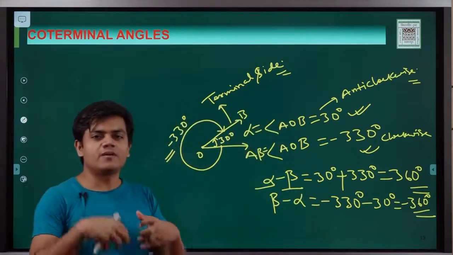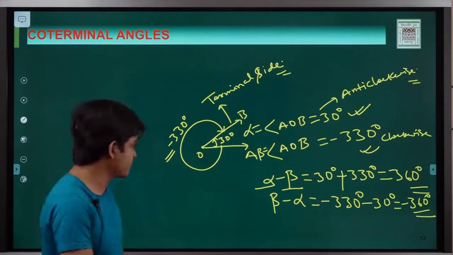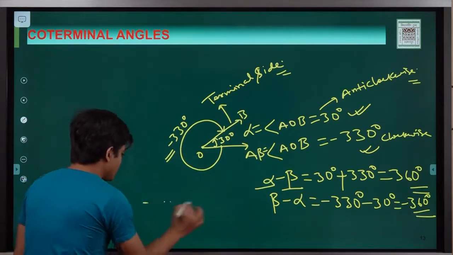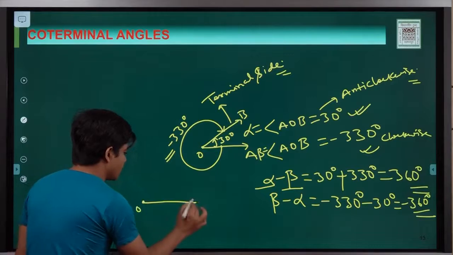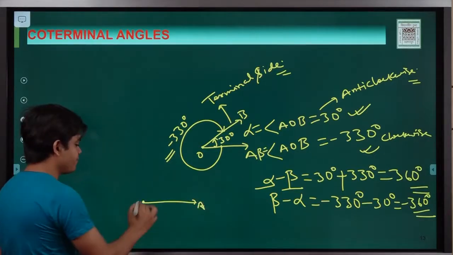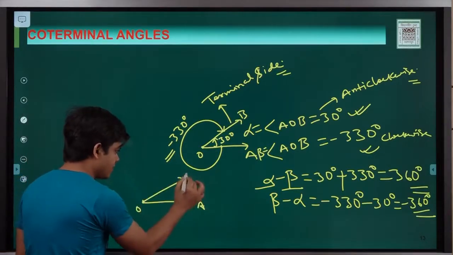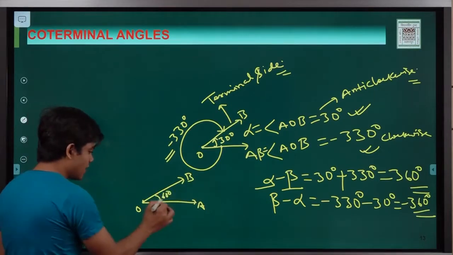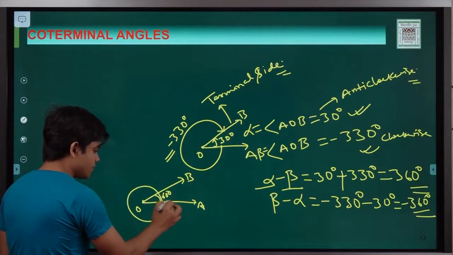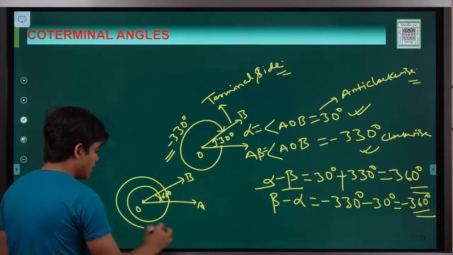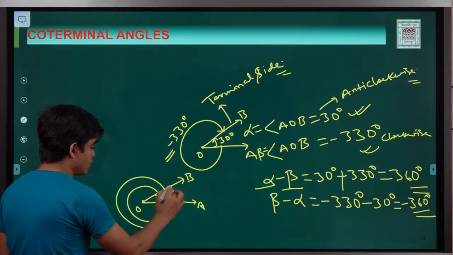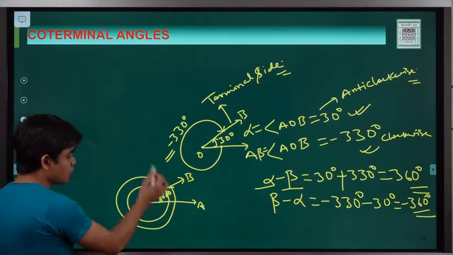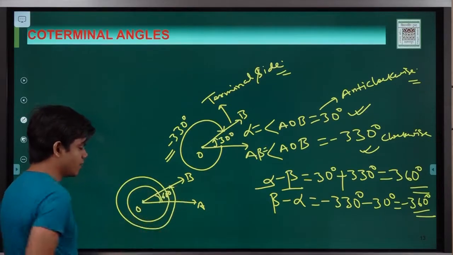And there might be infinitely many coterminal angles. For example, think this OA is your initial side, and now we have reached B, call it 60 degrees, it does not matter. Now say we go 360, again 360, and then reach here. So after 2 revolutions, we again reach here.